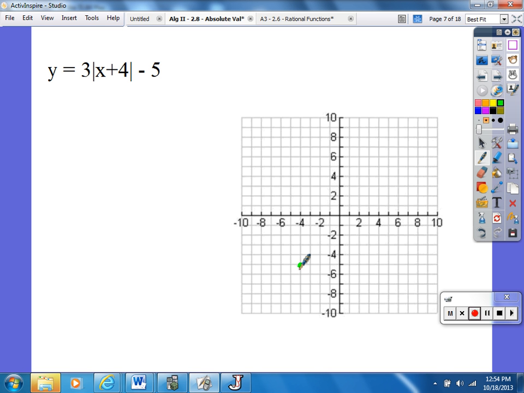Let's pick Katie. Katie, what's the slope? The number in front. There you go, 3 is right. So up 3, 1, 2, 3, over 1. I'm going to do that on the other side also. And make my V. Ta-da.